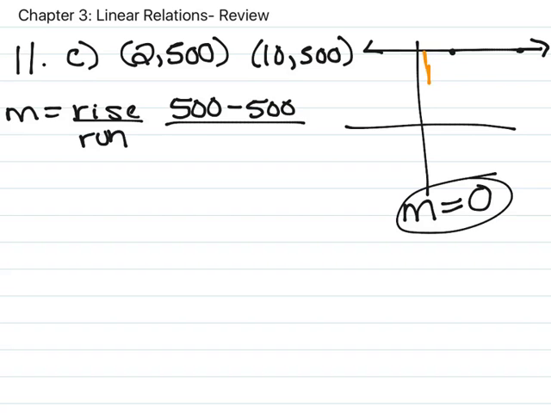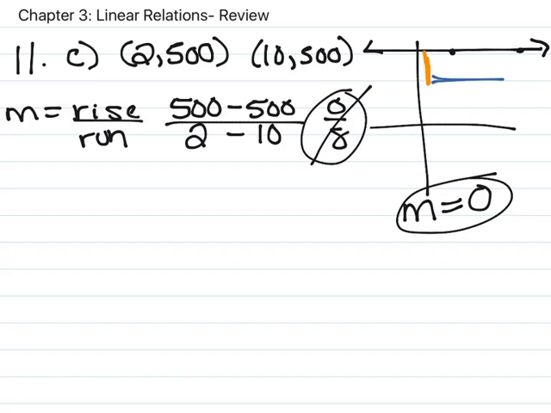So that's this, or the lack thereof. And then your run is going this way. So you've gone from 2 to 10. So 0 divided by 8 is 0.